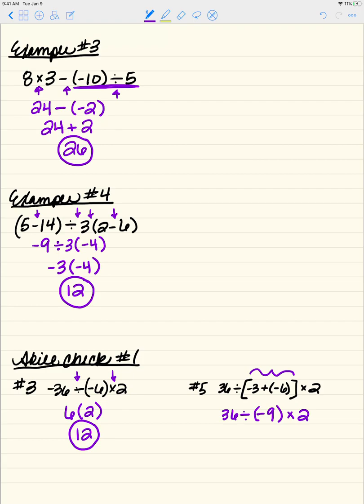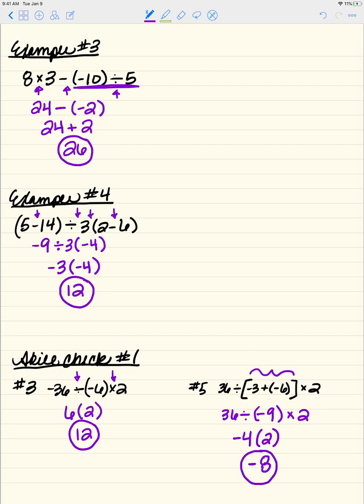We just have multiplication and division left, so we just move left to right. 36 divided by negative 9. 36 divided by 9 is 4. We have a positive divided by a negative, which means it's negative, times a positive 2. 4 times 2 is 8. We have a negative times a positive, which means our answer is going to be negative.